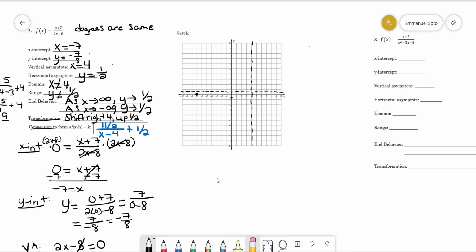Alright, so it looks like we have everything we need for the left side. You can kind of tell that the left side wants to approach here and then wants to curve down towards this vertical asymptote. So we can go ahead and draw that graph now. Try to draw the best we can.